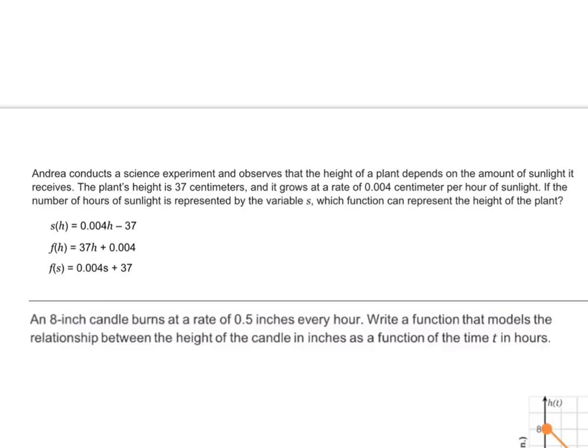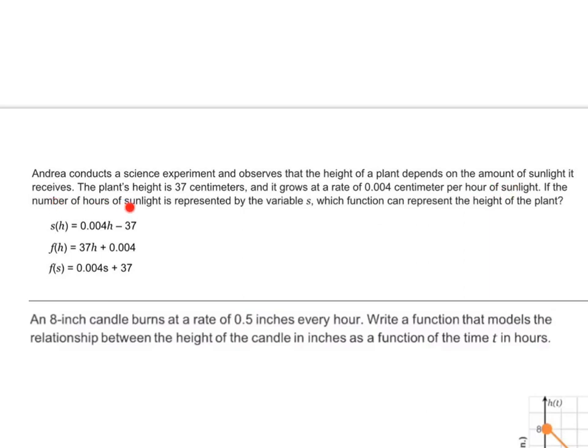Okay, let's take a look at this next one. It says, Andrea conducts a science experiment and observes that the height of a plant depends on the amount of sunlight it receives. It says the plant's height is 37 centimeters, and it grows at a rate of 0.004 centimeters per hour of sunlight.